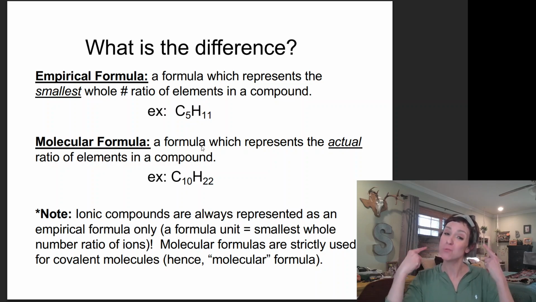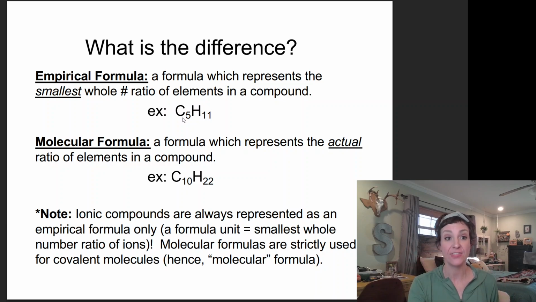I can also represent that in terms of the empirical formula for it, which would just be understood as the smallest whole number ratio. If you notice that C10H22, I can divide both a 10 and a 22 by the number 2 to get a smaller ratio that I cannot divide any further down.